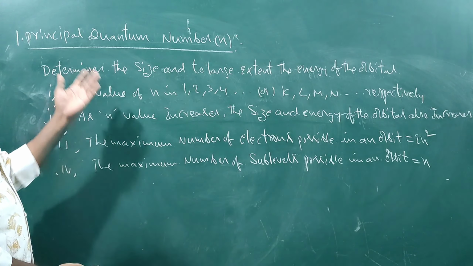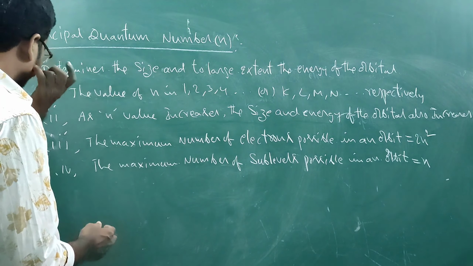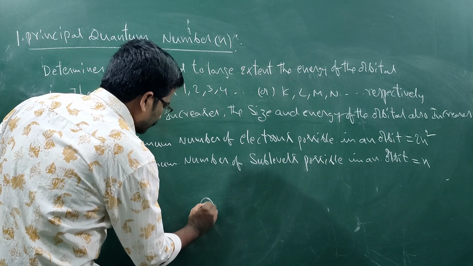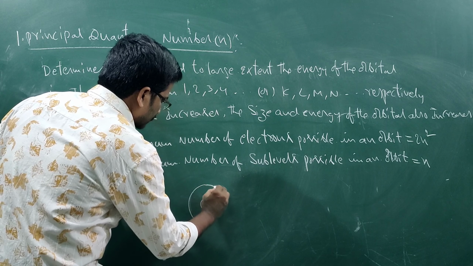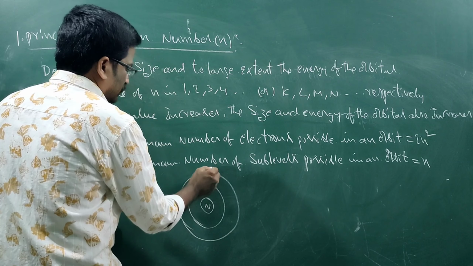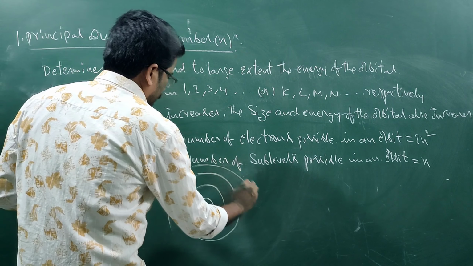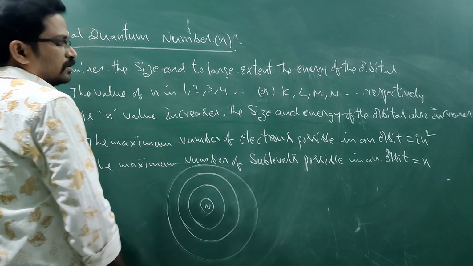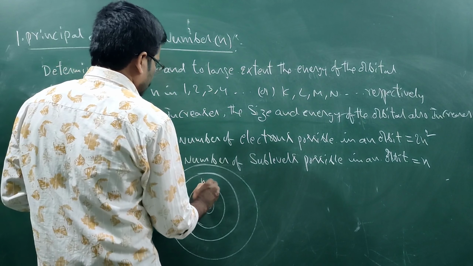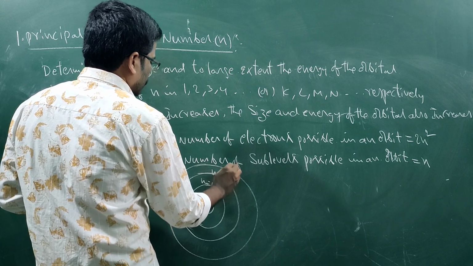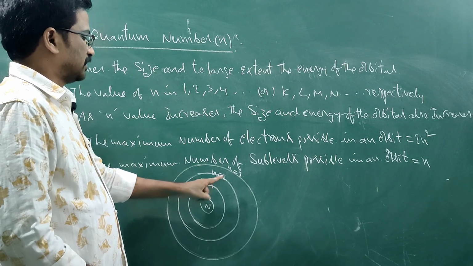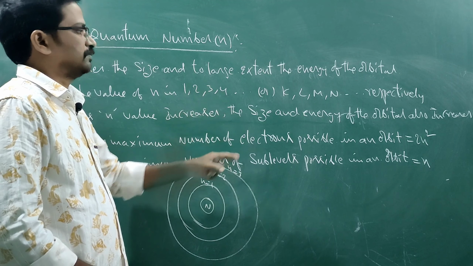Let us look into it one by one with an example. This is the nucleus. We know there are circular orbits. These circular orbits are known as n is equal to 1, n is equal to 2, n is equal to 3, and so on.